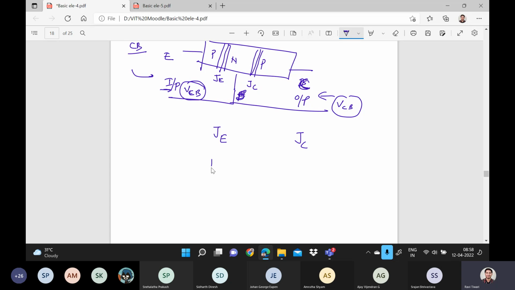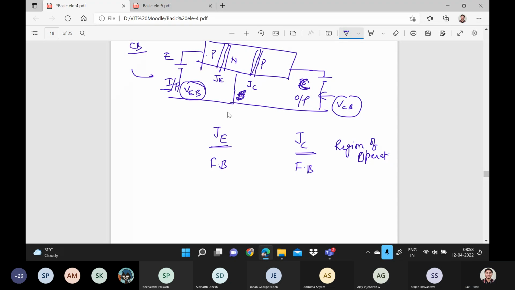If both the emitter junction and collector junction are forward biased, I am connecting the P side to the positive terminal of the battery, and here also positive to the positive terminal.